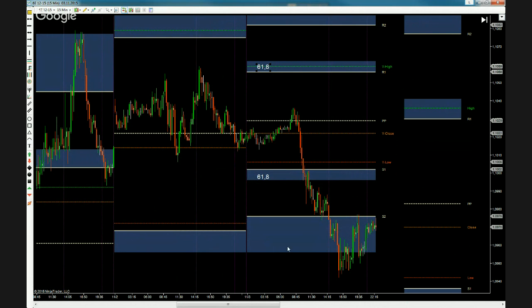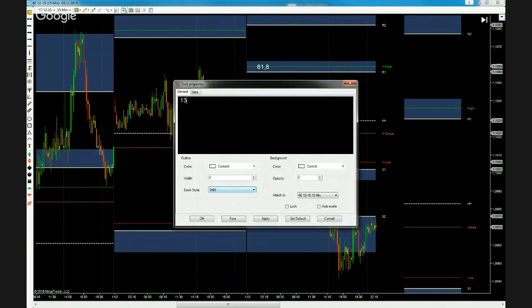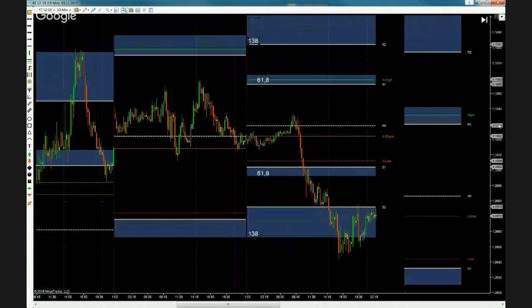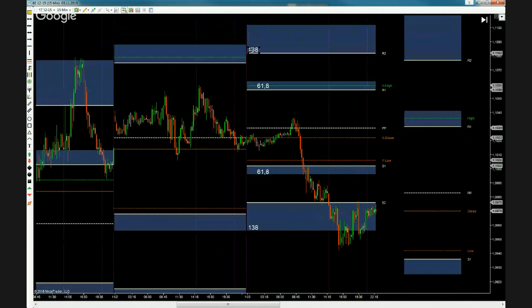And then in extension to this, we also have the 138 Fibonacci range as measured from the main pivot. So that's something to keep in mind, and something that is different from the traditional pivot.